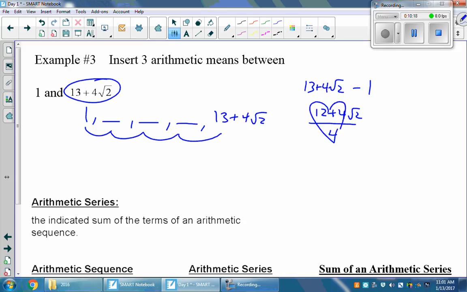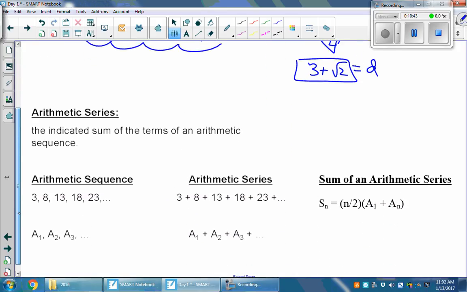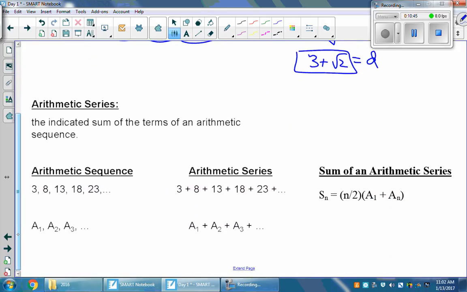Then we do the heart method. What do we get? 3 plus square root of 2. That is my D. That's what I'm adding to each one. So I add 1 plus that. I get 4 plus square root of 2. Do it again. I get 7 plus 2 square root of 2. Do it again. I get 10 plus 3 square root of 2. Add it again. I get 13 plus 4 square root of 2. Okay, so then this just goes over.